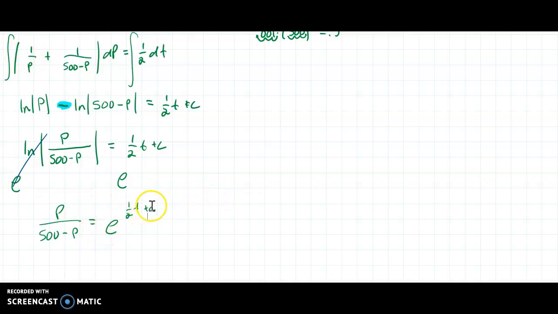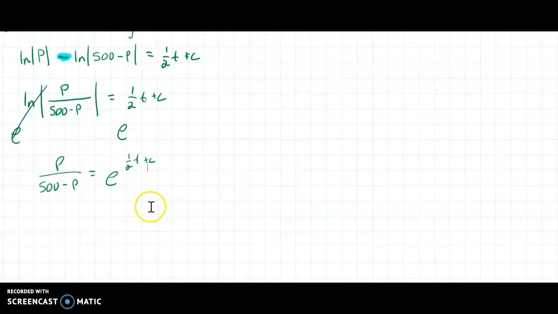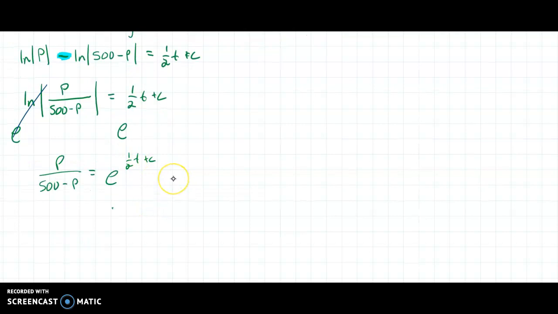I want to write this c in a different way, so I'm going to use the e to the c thing: e to the c times e to the 1/2 t. All I'm doing is using this plus and turning it into a multiplication outside of there. That's a common step that I've taught before, and I'm not going to go over that in detail here. The left side, in this case, stays the same, p over 500 minus p.